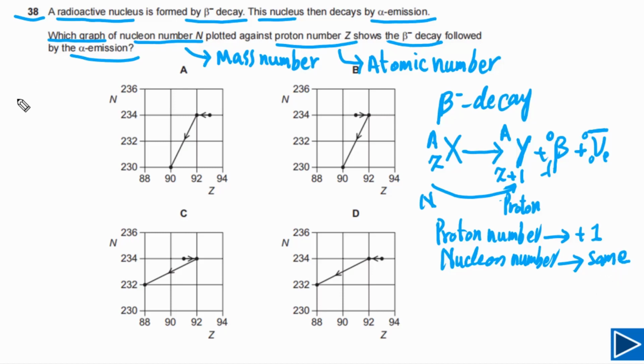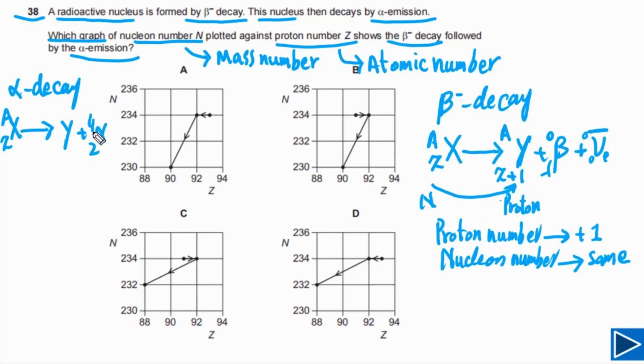Now let's try to understand what is alpha decay. For alpha decay, we will also imagine one nucleus, let's say nucleus X. The atomic number of this one is Z and the mass number is A, and this decays to another nucleus, let's say Y, by emitting an alpha particle.